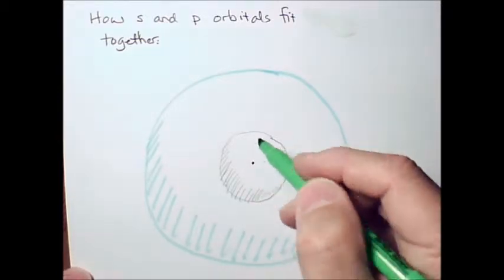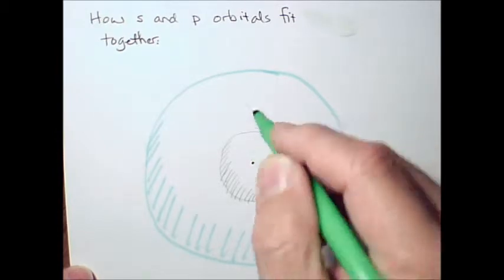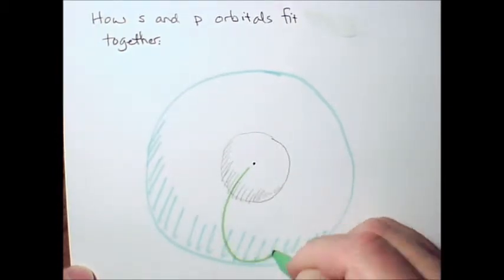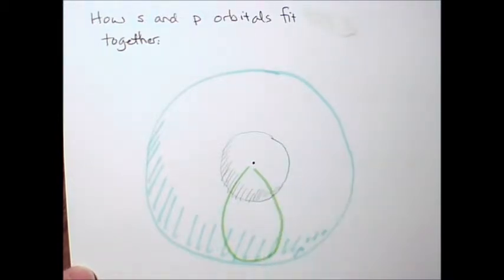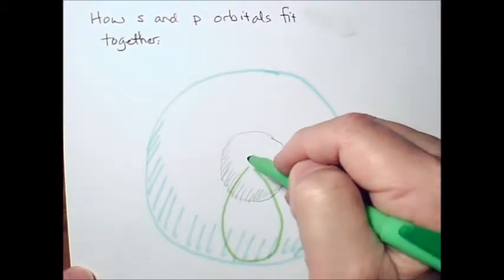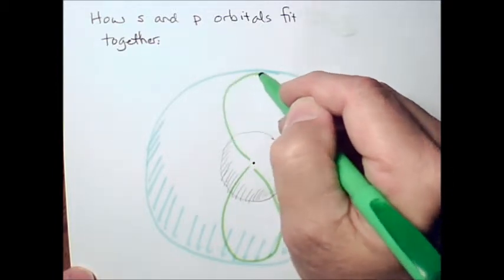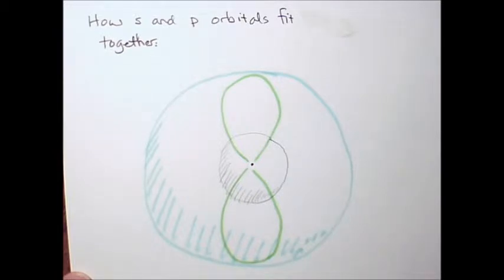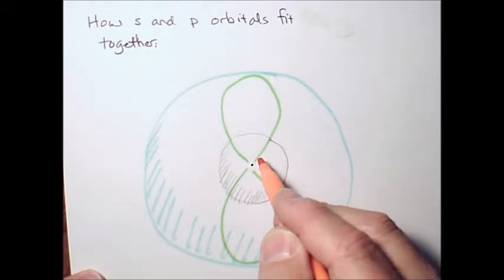Okay. All right, so we got a balloon that does this. So there's one p orbital. Here's another p orbital.